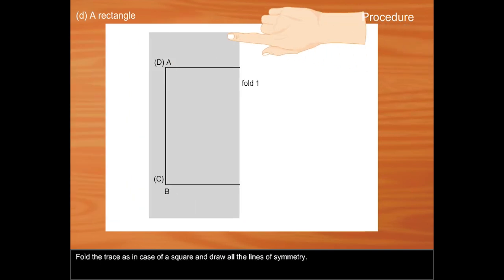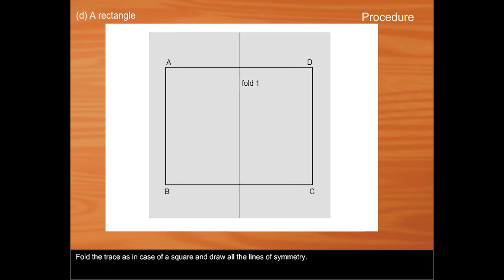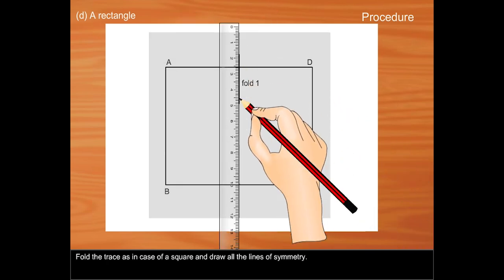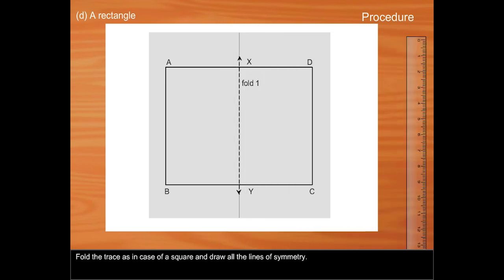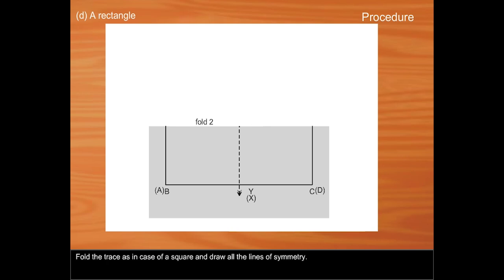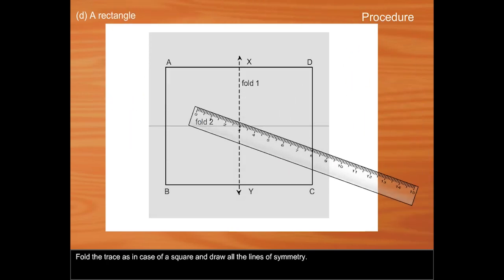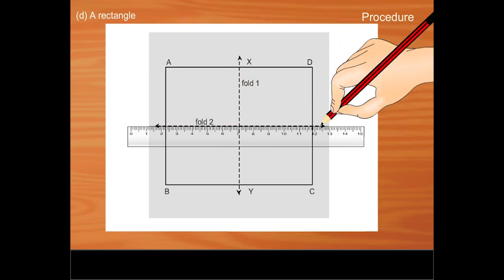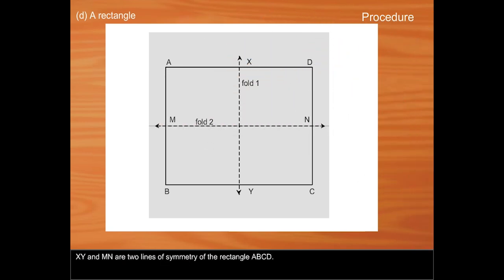Fold the trace as in case of a square and draw all the lines of symmetry. XY and MN are 2 lines of symmetry of the rectangle ABCD.